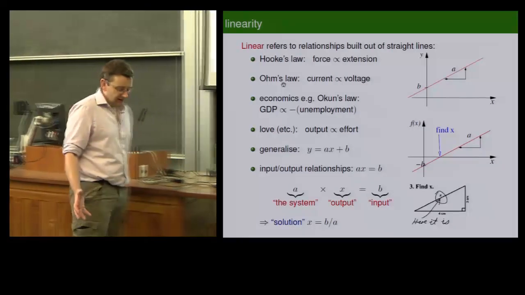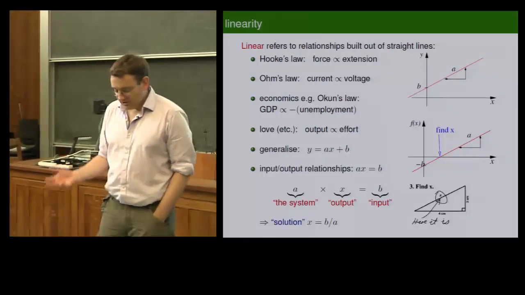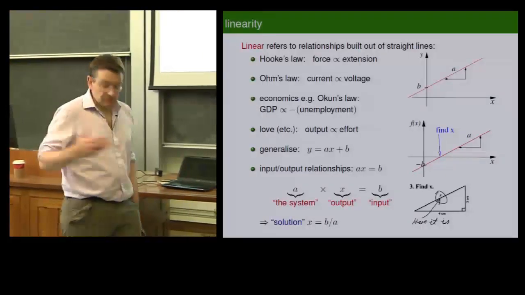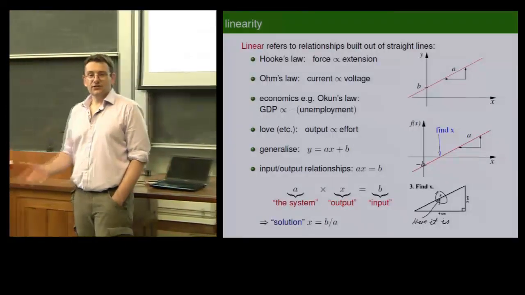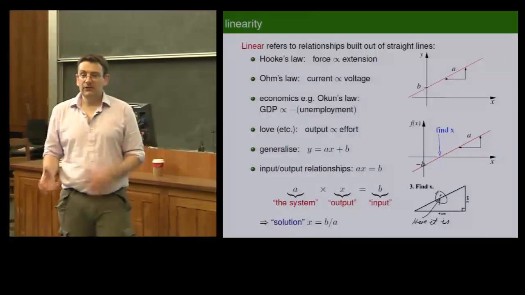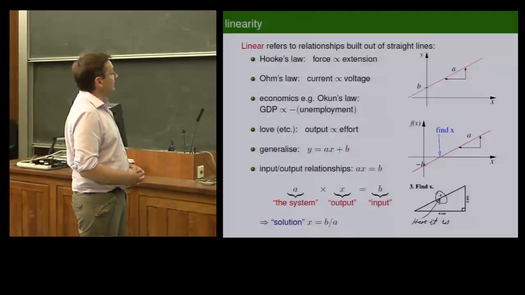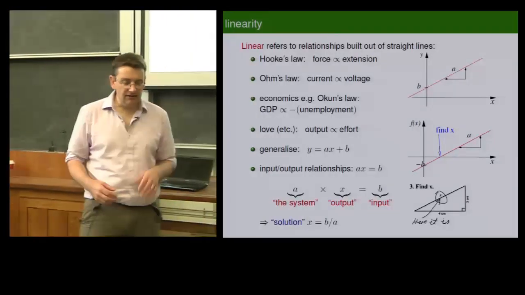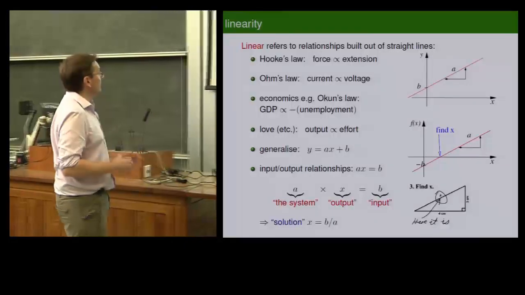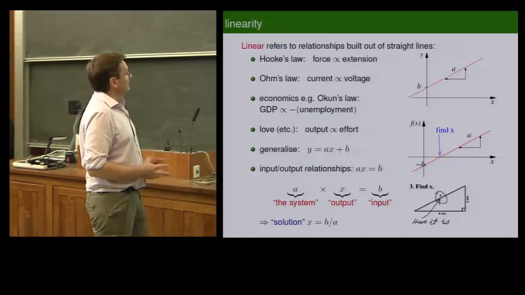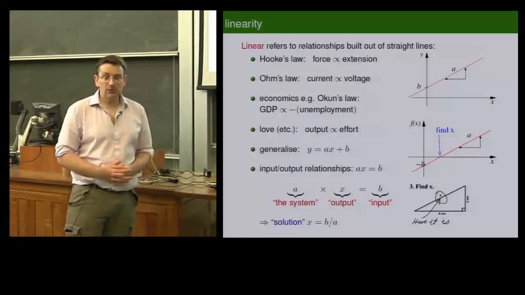In electrical engineering, we're so familiar with Ohm's law, that voltage is proportional to current and resistance is the constant of proportionality. And so you double the voltage, you double the current for the same circuit with the same resistor. Economics is driven by all kinds of linear relationships. There's something, for example, called Okun's law that says gross domestic product is inversely proportional to unemployment.